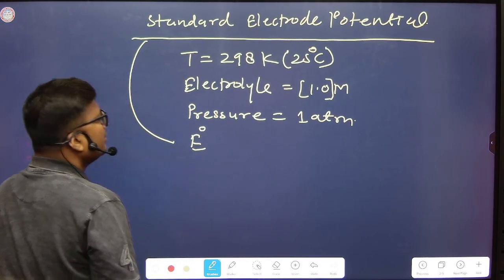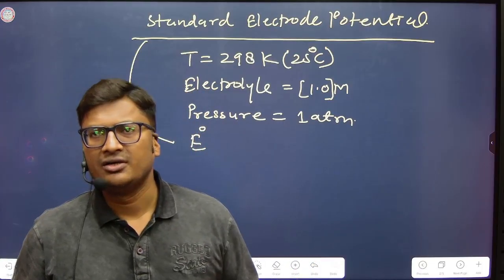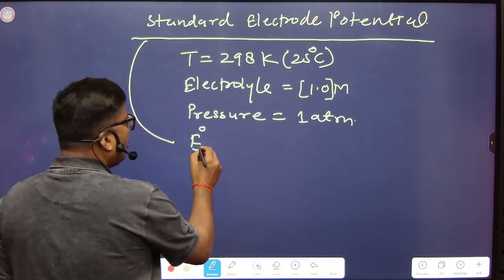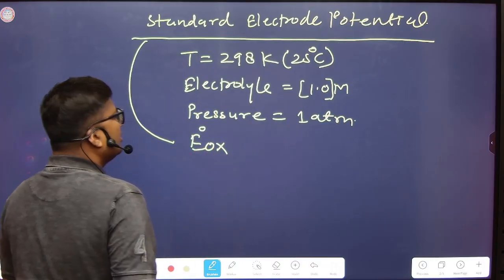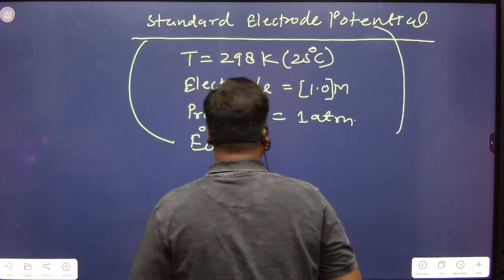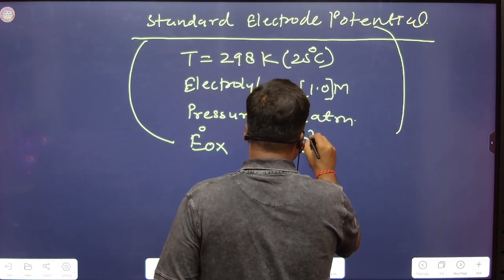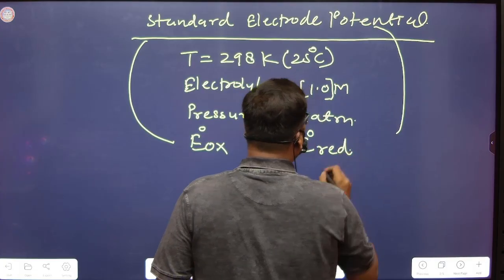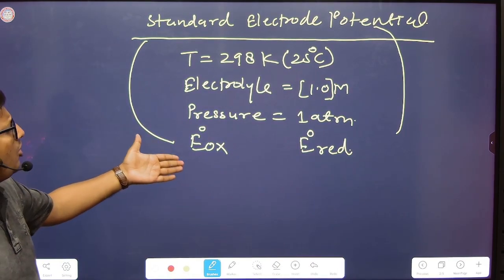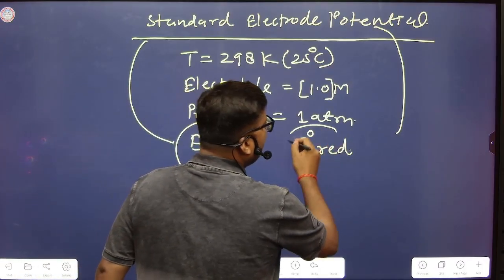If there is an oxidation, which generally occurs at the anode, that is E naught ox. If there is a reduction between electrode and electrolyte, then it is E naught red. So this is the standard oxidation potential, and this is the standard reduction potential.